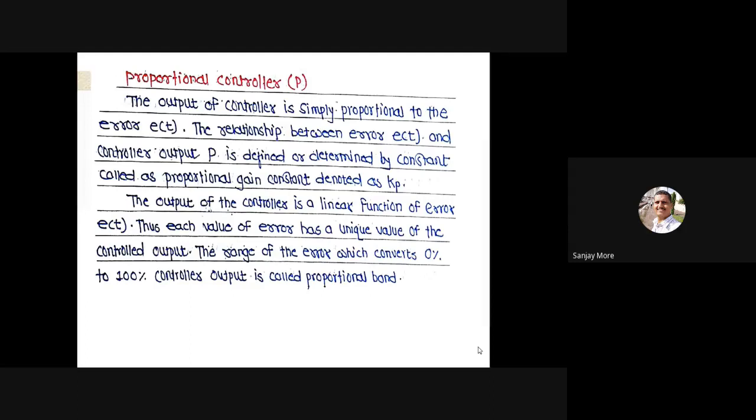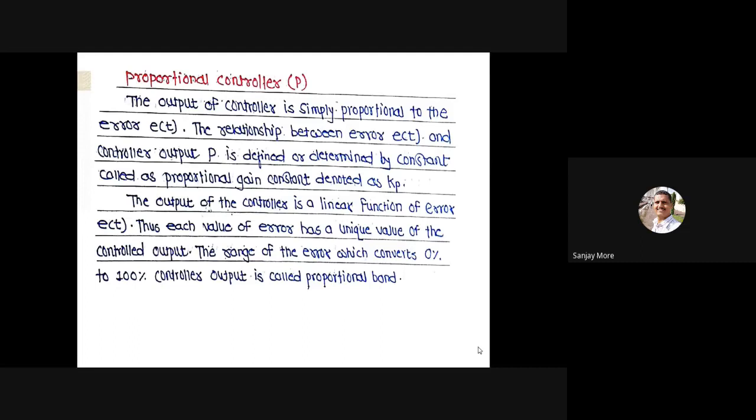Full stop and next line. The output of the controller is a linear function of error E of t.